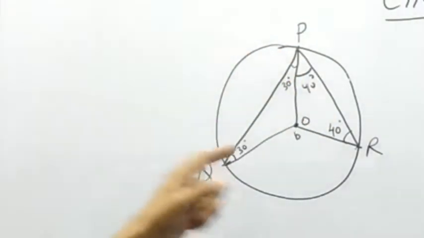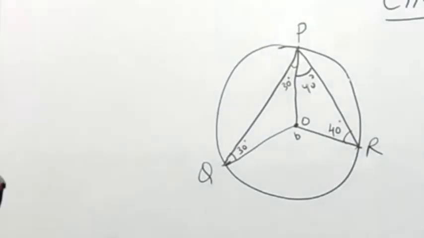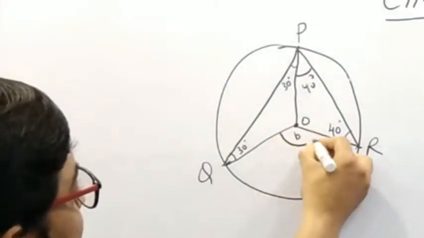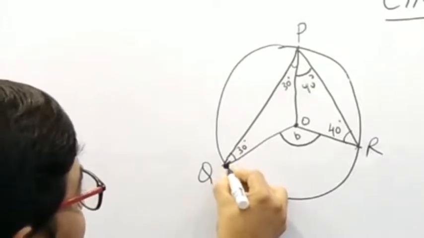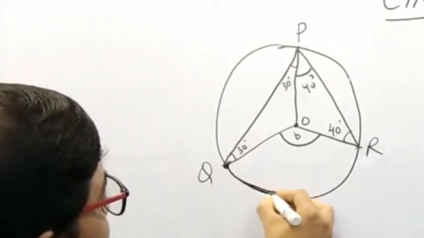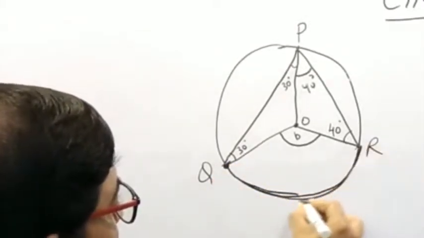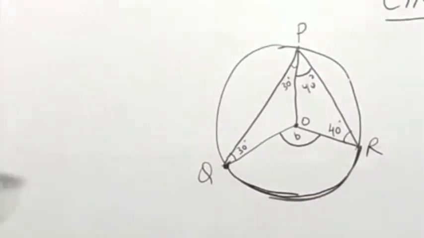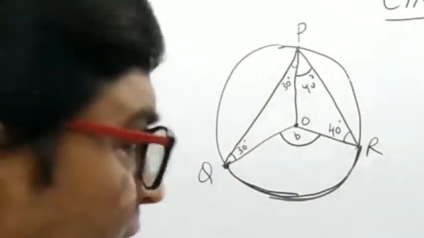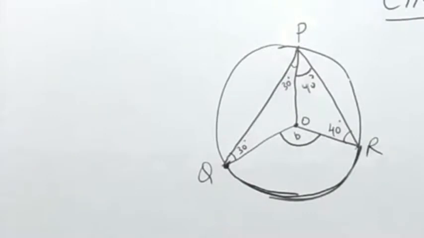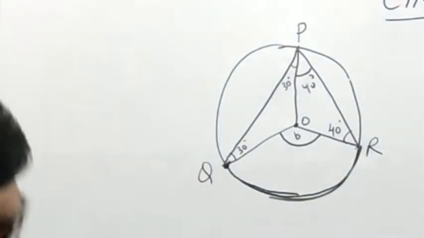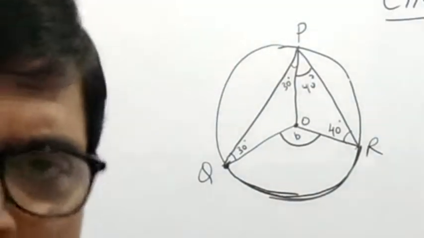Now we need to find B. Do you see that angle B is formed by arc QR? Is it? Arc QR is making angle B at the center of the circle. Now we have to see, is that arc making some other angle at the circumference of circle or not?